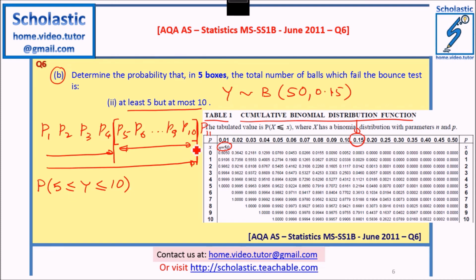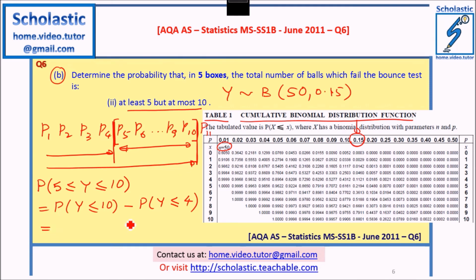So the area that we should look at is probability of y less than or equal to 10 minus probability of y less than or equal to 4. Please look here, it's not 5, it's 4, less than or equal to 4. Even though this looks like you need to take 5, 5 should be included. That means you need to take the boundary here and take values below 5, that means 4.